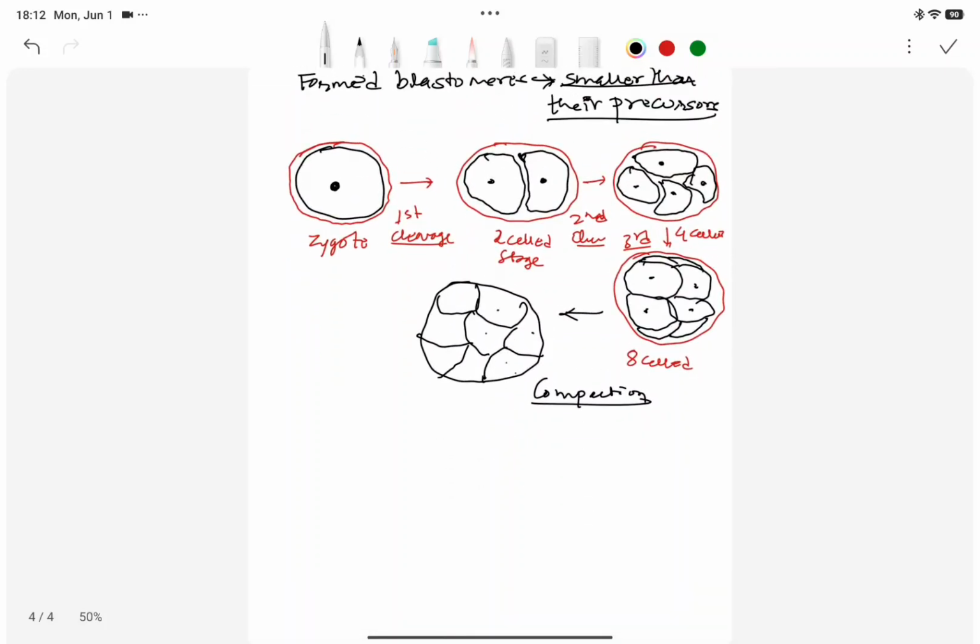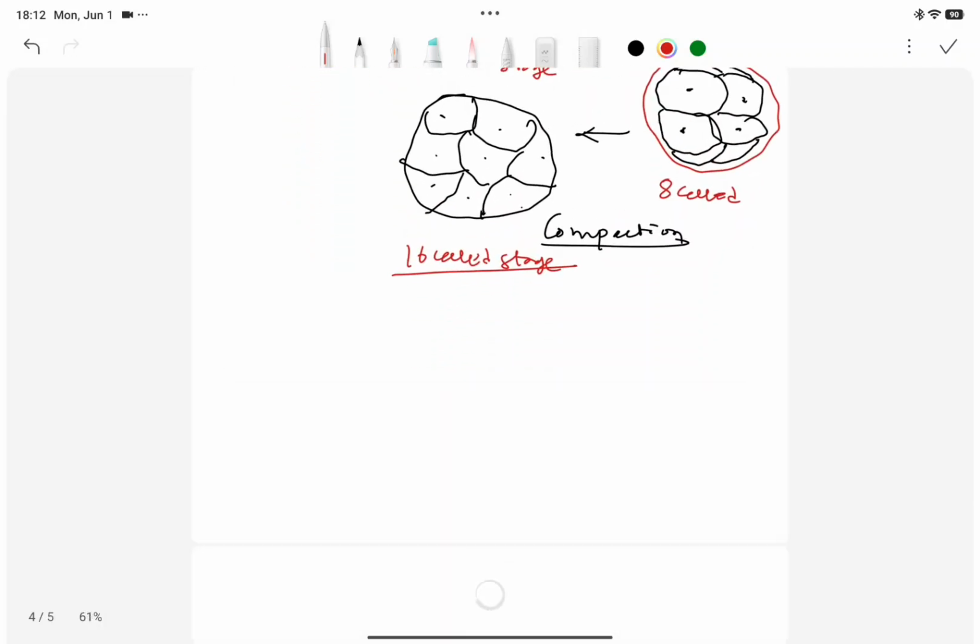This will form the 16-cell stage. This 16-cell stage looks a little bit like a mulberry, so it is known as the mulberry stage or morula.